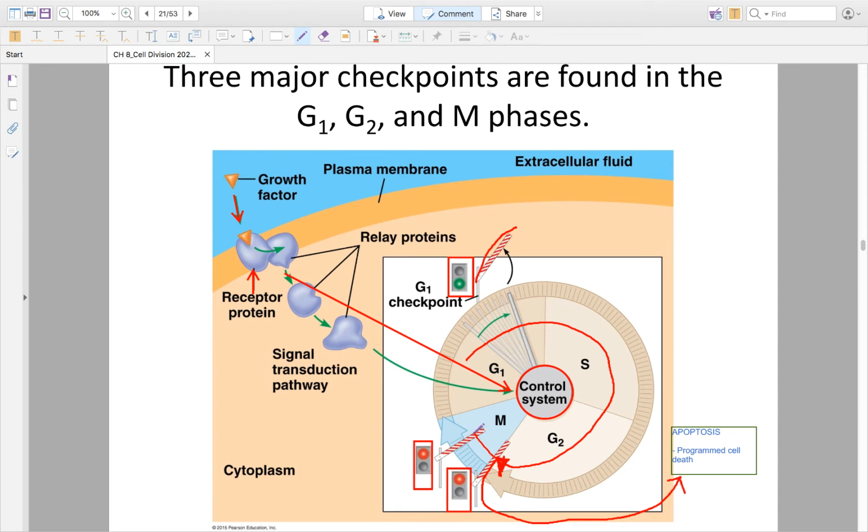There's a checkpoint here in the M phase to make sure that during anaphase, those sister chromatids were indeed divided. Because if they're not, we're going to have a big problem on our hands, a huge problem. That's a literal genetic disorder. And then let's say it passes, then it's done, and it will leave the cycle and go do what it's supposed to do. Of course, if it fails the test, apoptosis it is.